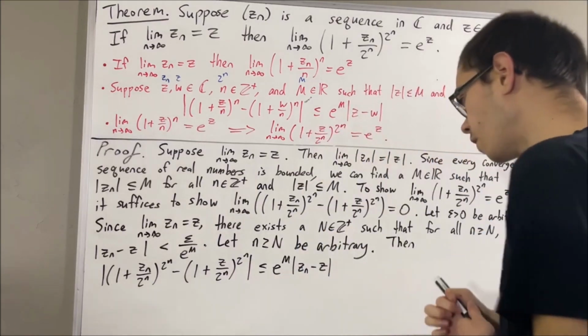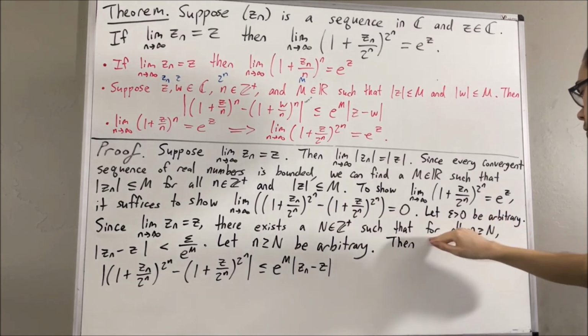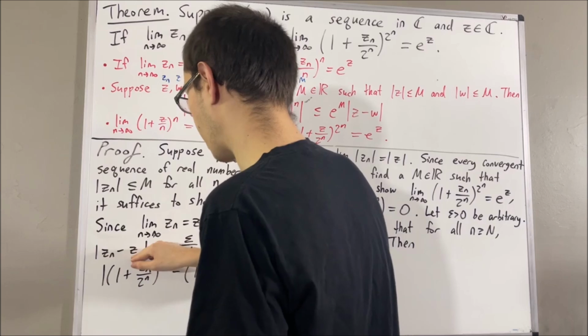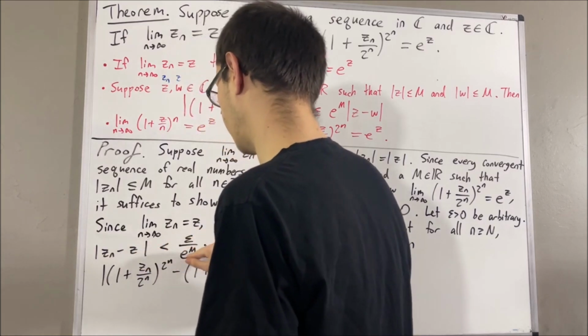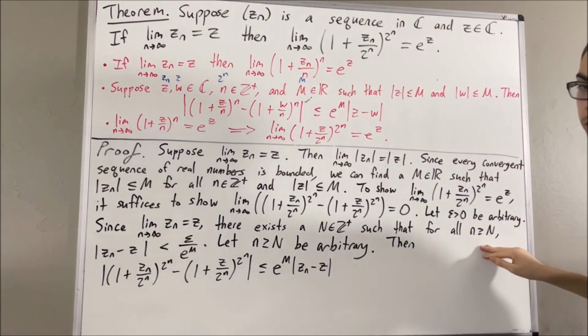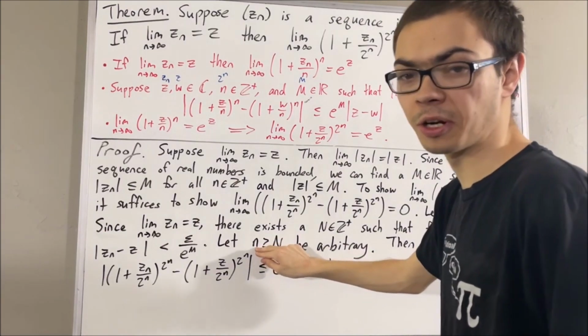And then let's remind ourselves how we chose capital N, right? We know for all n greater than or equal to capital N, the absolute value of Zn minus Z is less than epsilon over e to the n. So this statement works for all n greater than or equal to capital N. So in particular, it must work for the n that we introduced here.